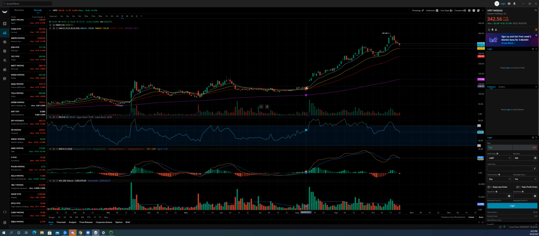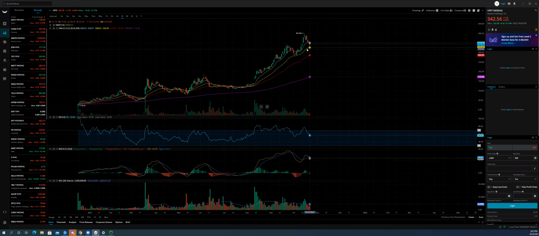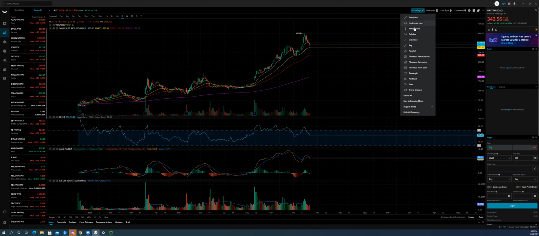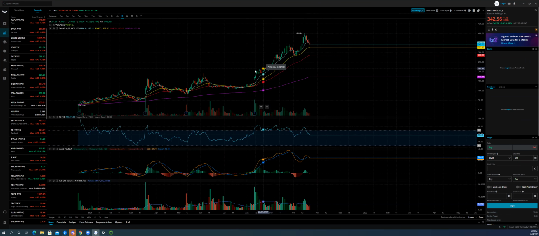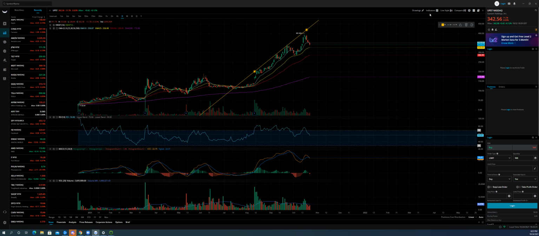Somewhere around here, 130, pushed all the way up to 401 in about 2 months. So this one, super, super bullish. I know Upstart is a loan company, a financial company, and they do loans and stuff. And I guess it's supposed to be a really good company, but way too extended.